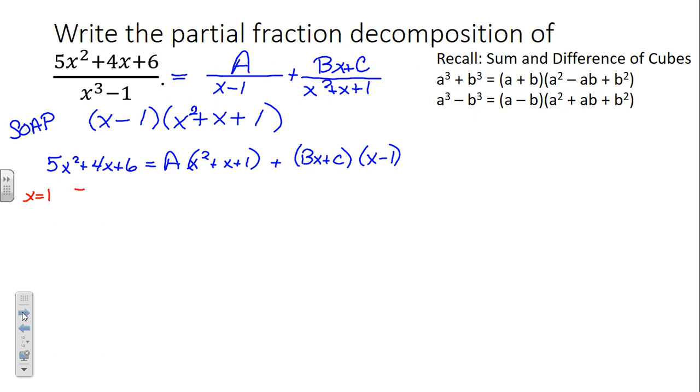Then we'll have 5 times 1 squared plus 4 times 1 plus 6 equals a times 1 squared plus 1 plus 1, plus bx plus c times 0, right? That was our whole goal of choosing 1 to make the b and c go away.